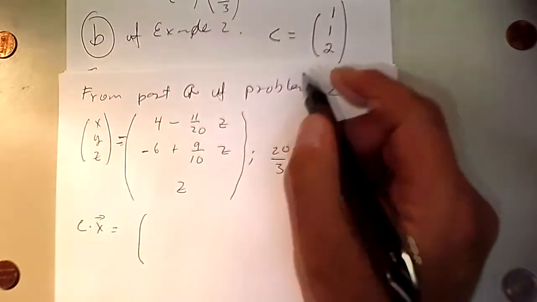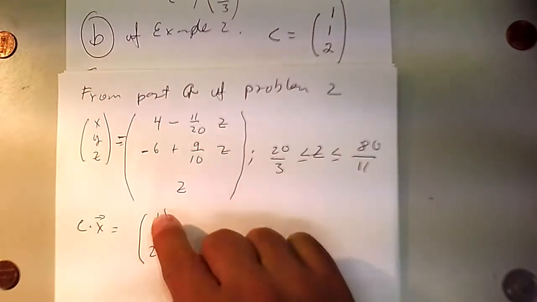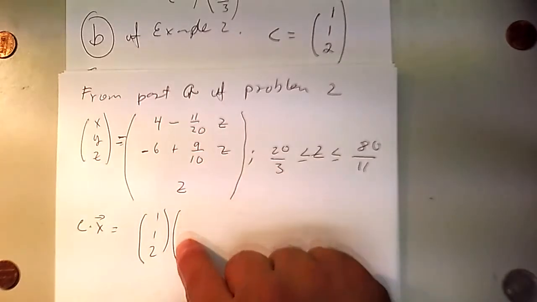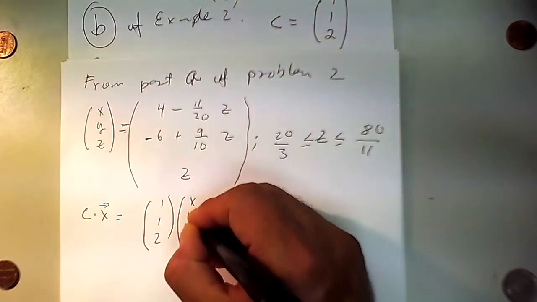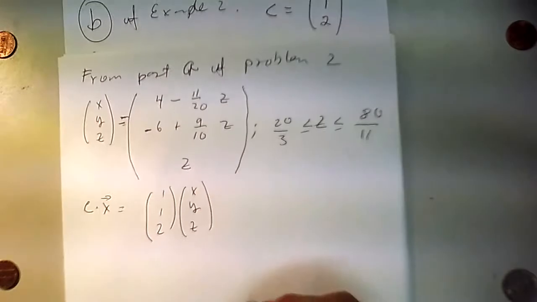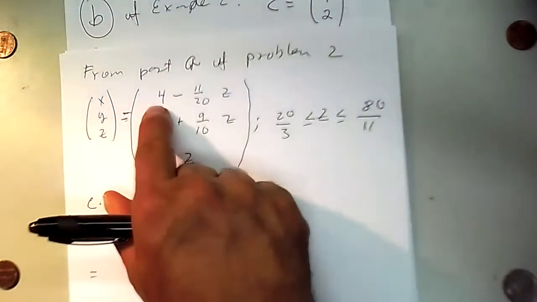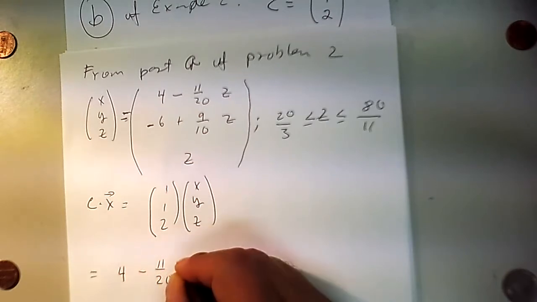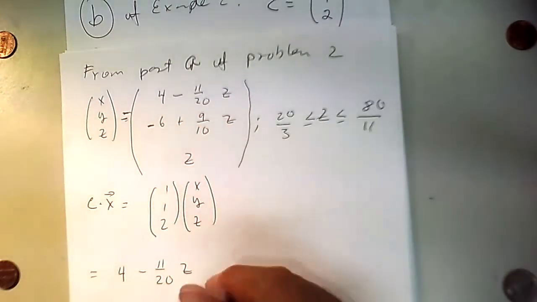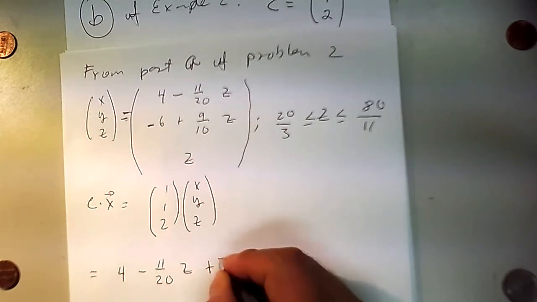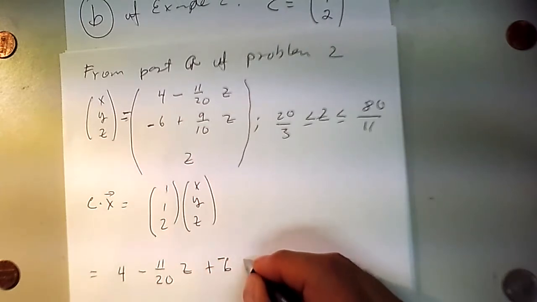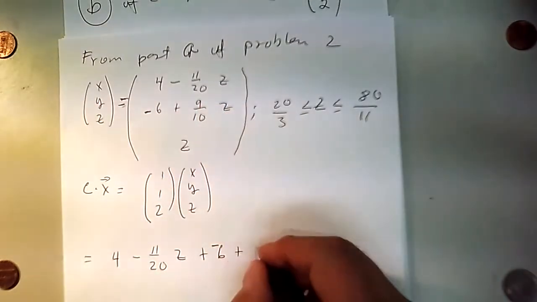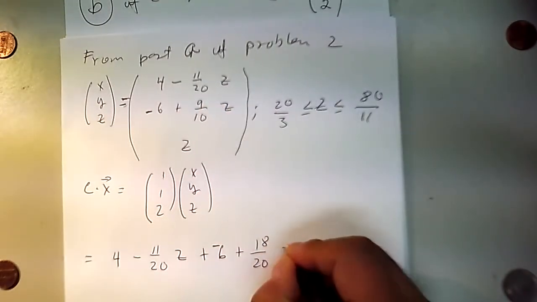So let's say we have 1, 1, 2 instead of 1, 1, 1, and we're going to multiply with (x, y, z). I'm going to do this in 2 steps. That's going to be 1x, which is 4 minus 11 over 20 z, plus 1y, so minus 6 plus 18 over 20 z.